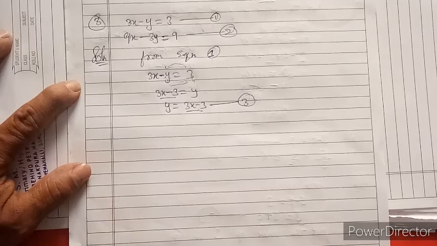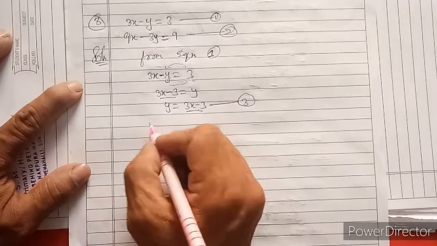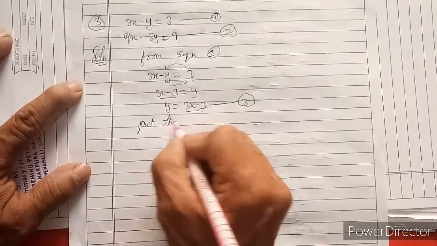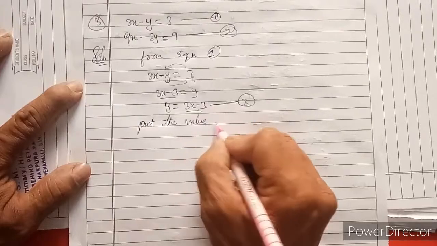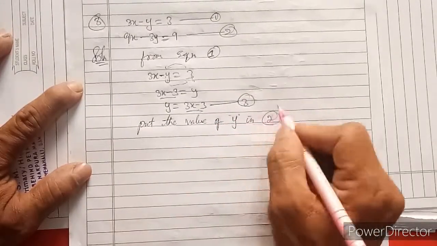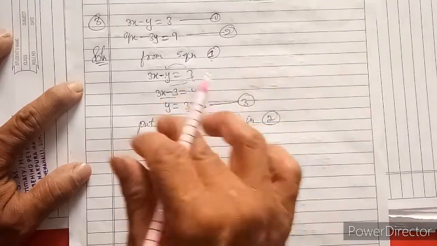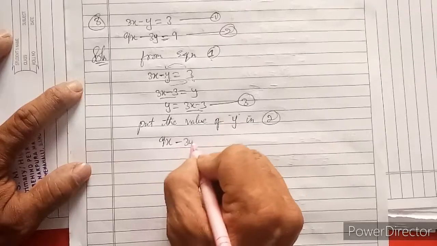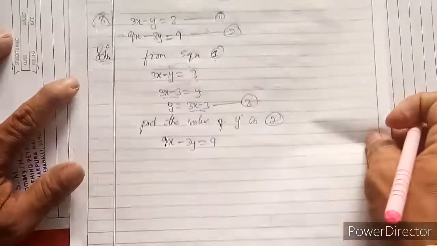Now I can put this value of y in equation 2, because I have taken equation 1 and we have to put it in equation 2. What is equation 2? 9x minus 3y is equal to 9, right?